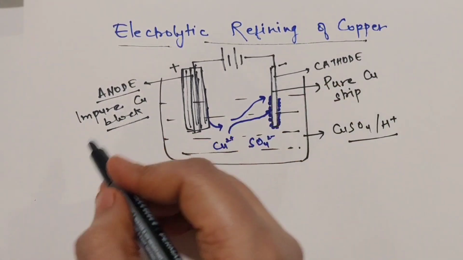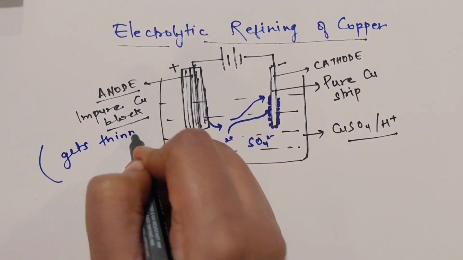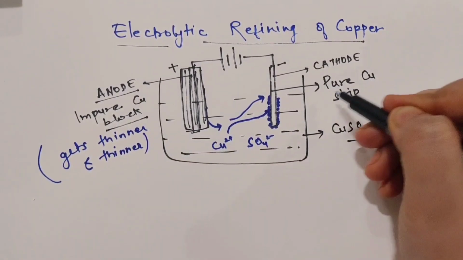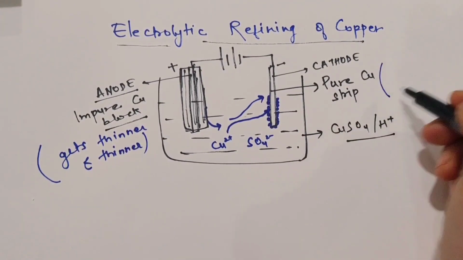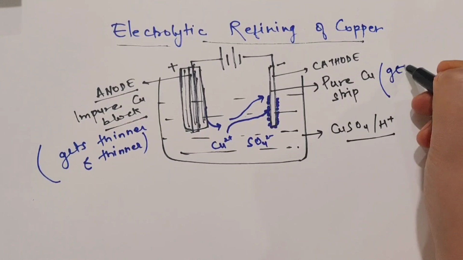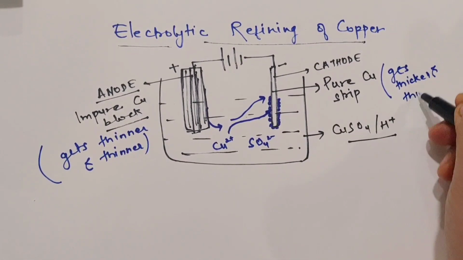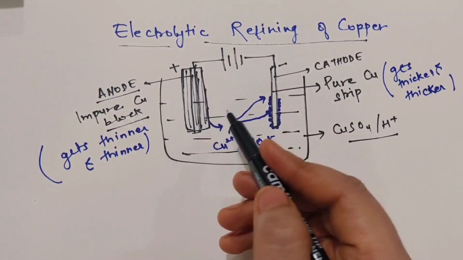Okay, so since copper ions are being leached out from the anode, over time it will get thinner and thinner. This gets thinner and thinner over time. And since copper is being deposited onto the cathode, the pure strip that we took will get thicker and thicker with time. Okay, and where will the impurities go?